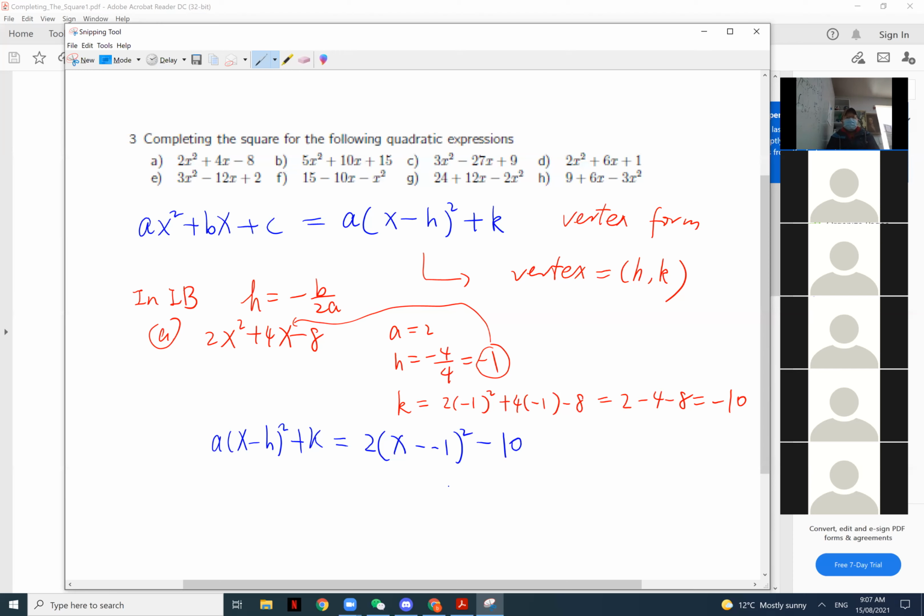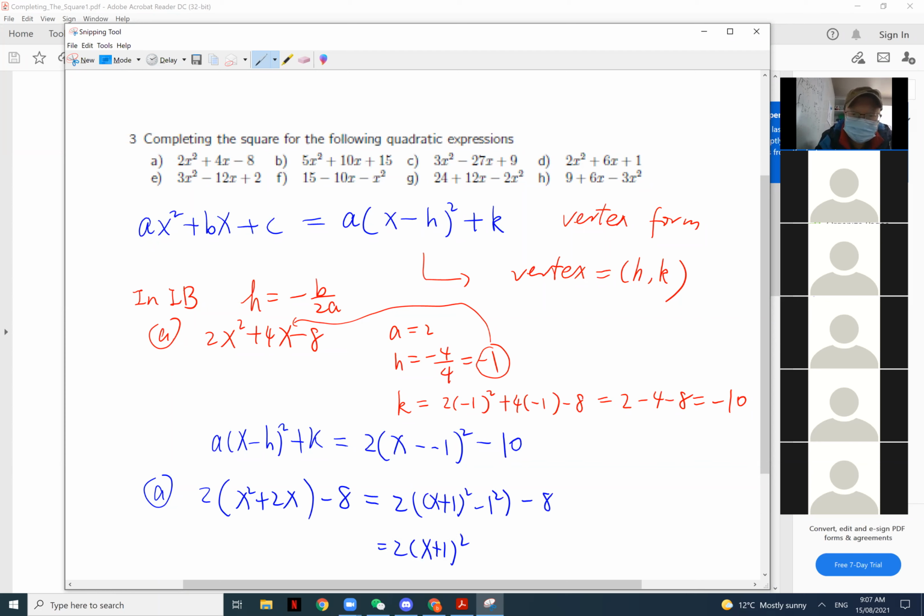Of course, when we first learned this part, we tried the other way. Which way did we do? We just take out 2, and in the bracket it changed to (x plus 1) squared minus 1 squared.